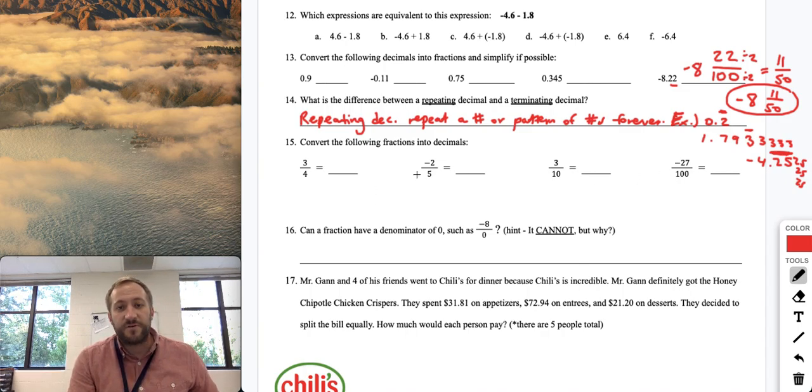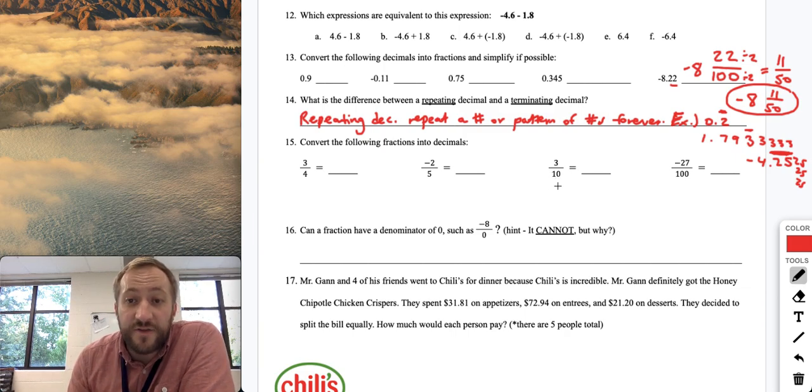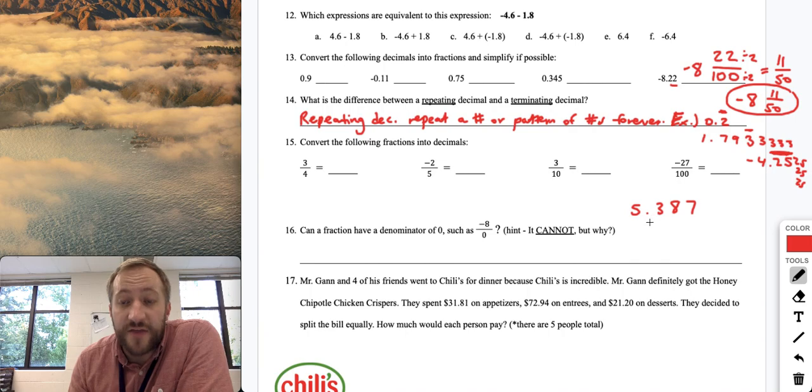Let's look at the next one. Convert the following fractions into decimals. I'm actually going to start with this one right here. Whenever we're converting fractions into decimals, we look at the denominator. Now, sometimes we get lucky, and the denominator is exactly what we want it to be to make this kind of easy. So, whenever we have a decimal, like 5.387, the first number behind the decimal is in the tenths place. The next number is in the hundredths place.